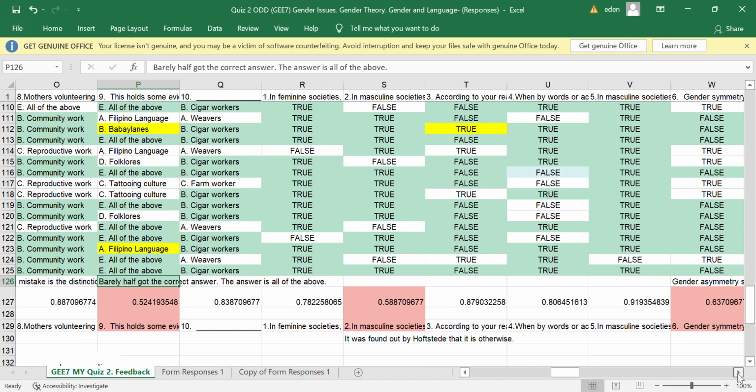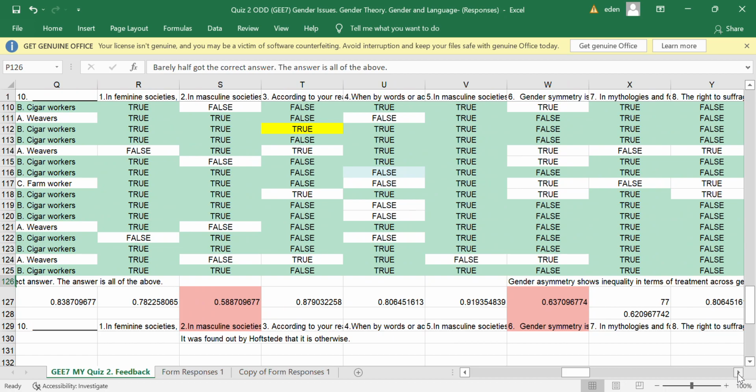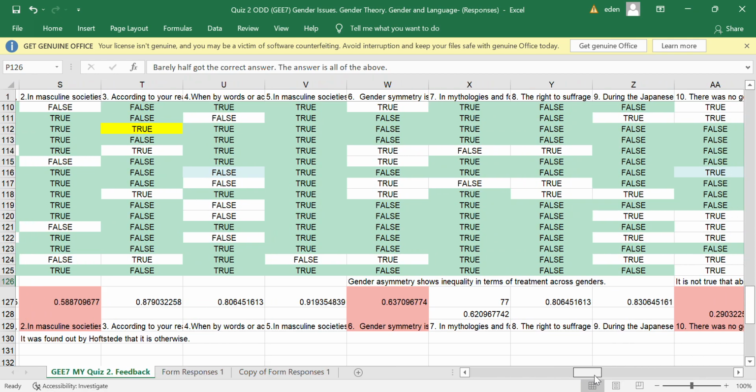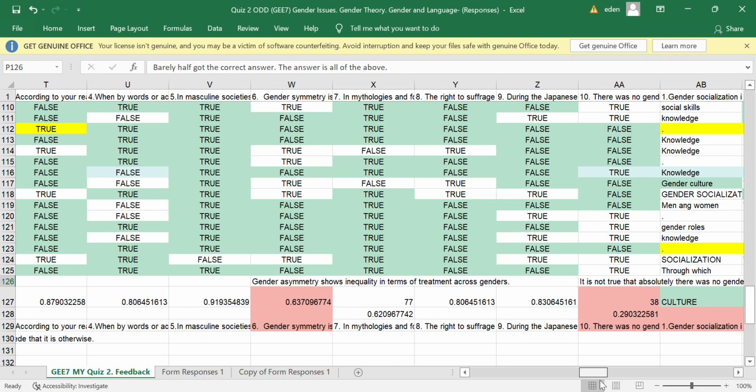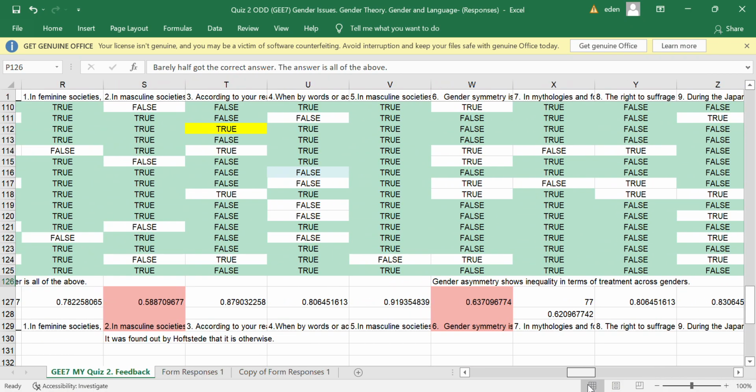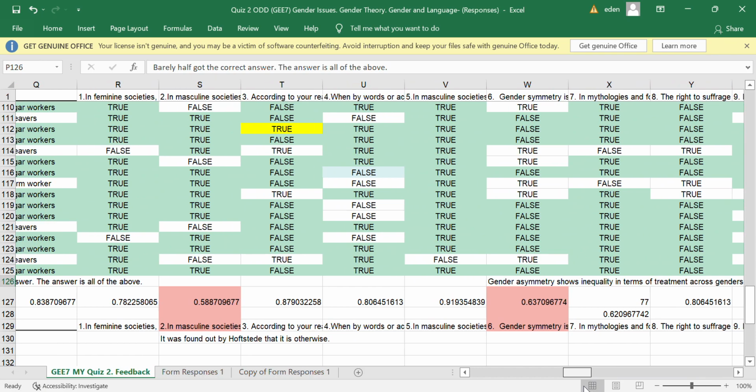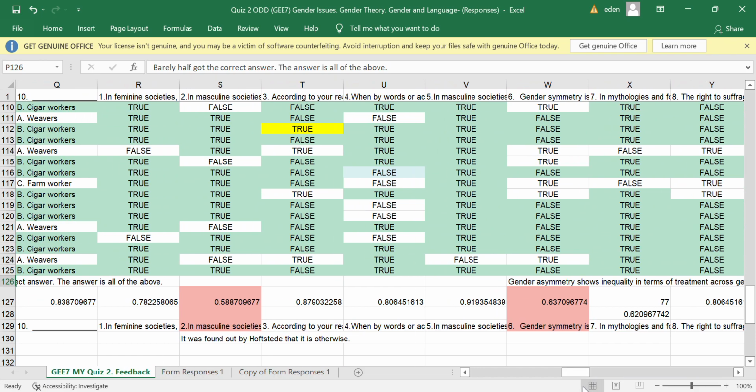Okay, we go now to the next subtest, which is true or false. The item wherein you gave the highest performance is question number 5. In question number 5, it says that in masculine societies, salaries are more important than leisure.